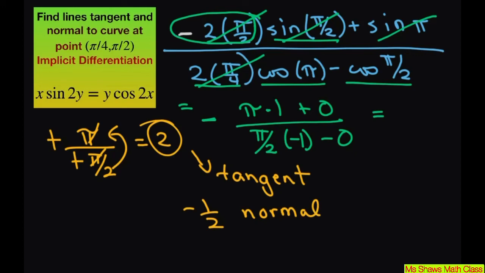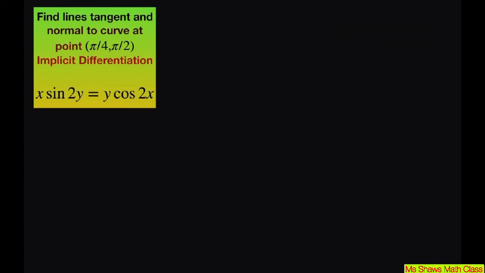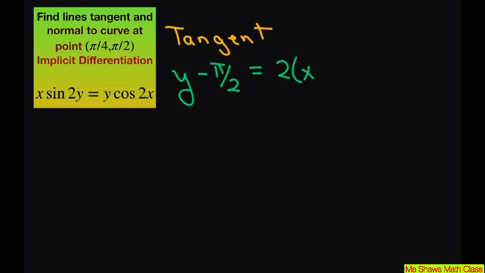Now we can go ahead and write our lines. For the tangent, we have y minus pi divided by 2 equals 2 times x minus pi divided by 4, since the slope was 2. I like to skip steps, I shouldn't.